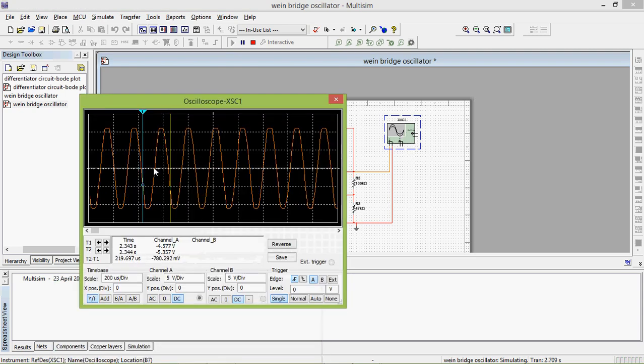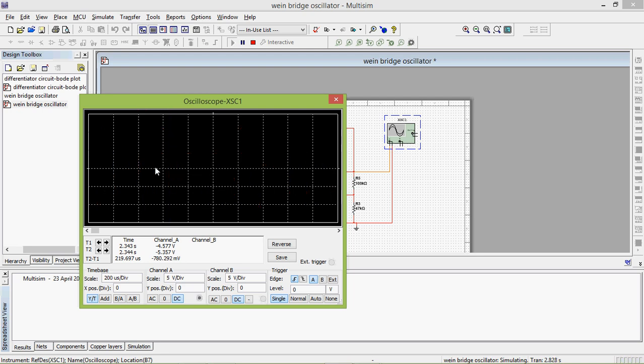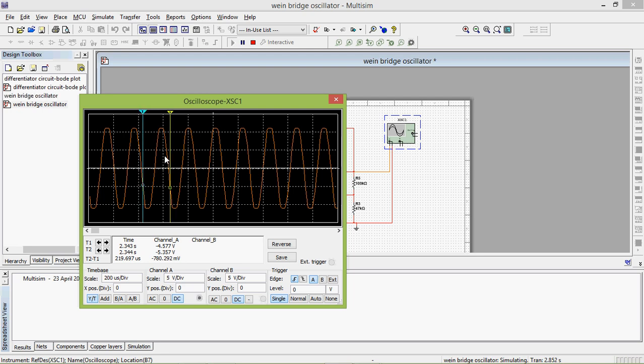I have got a sinusoidal signal, a perfect sinusoidal signal. Now I should measure the time period of this signal, and from that we calculate the frequency, which should be approximately 5 kHz.